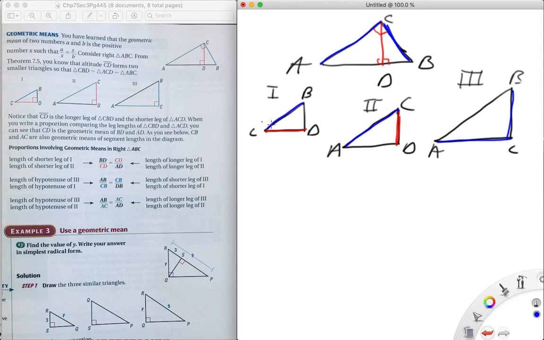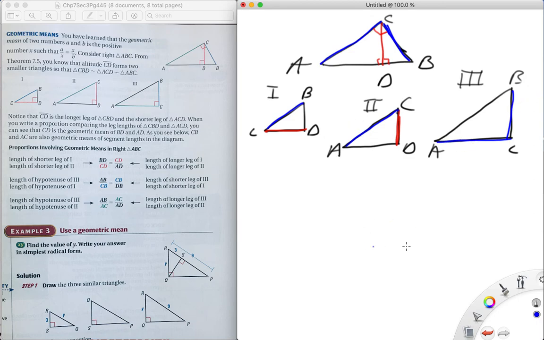The hypotenuse of the small is the same thing as the short leg of the big triangle. The hypotenuse of the big is the same thing as the long leg of the big. So short, short, big, big.